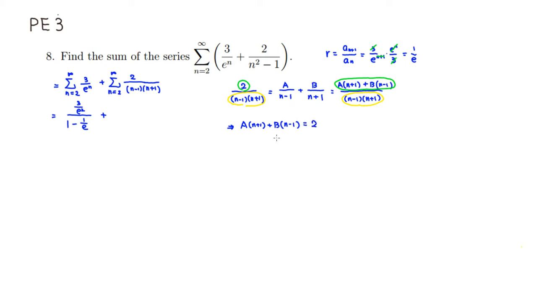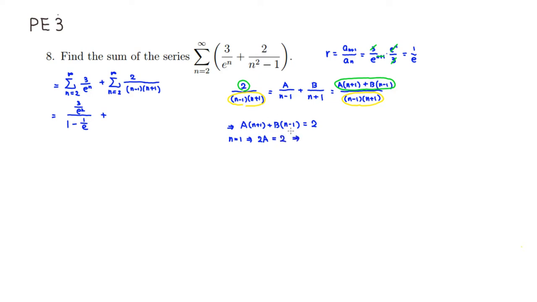Let's try to find the a value. To find a, we want to get rid of the b here. An easy way to get rid of that is to set n equals 1. If you plug in 1, 1 plus 1 is 2, so it's 2a. Here 1 minus 1 is 0, so b goes away, and the right hand side is of course 2.